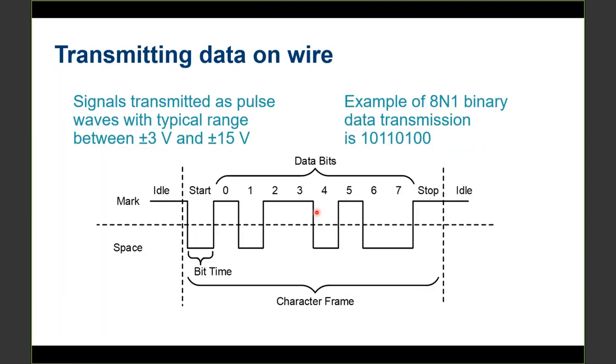So to measure and view this square wave on an oscilloscope, you could attach your leads to pin 3 and pin 5, because pin 3 is your transmit pin and pin 5 is your ground. If you measure the voltage from pin 3 to pin 5, this is what you're going to see on a transmitted message. Hopefully that makes sense.